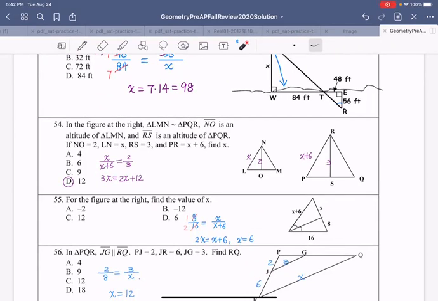55, Angela. We learned the triangle angle bisector theorem. If these two are equal, what's the equation?